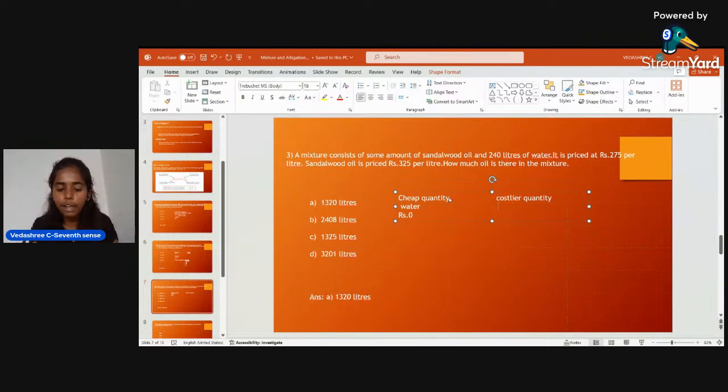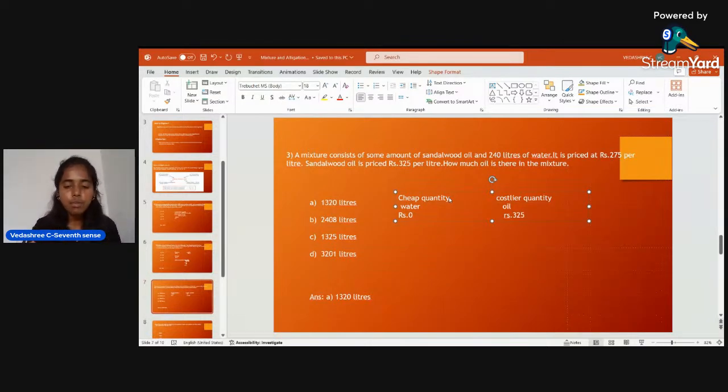Here it is oil, and the price is given, that is rupees 325. So sandalwood oil price is rupees 325. Now we know the cheaper quantity is water, at 0 rupees, and the costlier quantity is sandalwood oil, at 325 rupees.